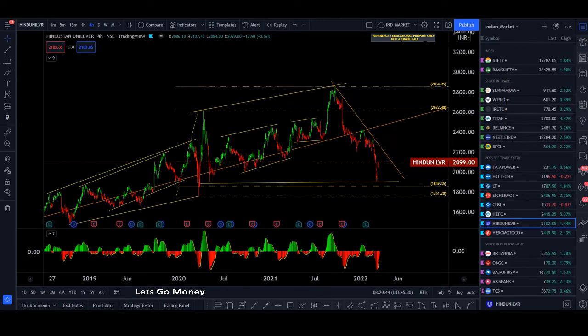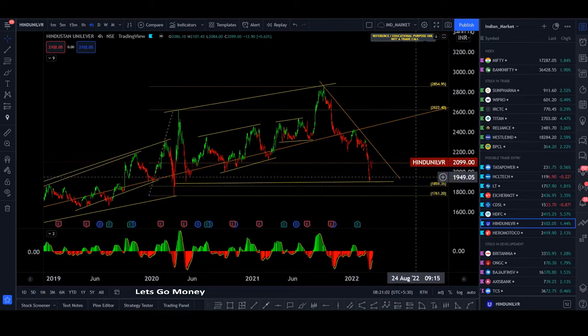So this is quite a tricky pattern, but if we get a proper setup, we will enter, even if it goes up, or even for a smaller trend before it comes down. So let's see, depending on the trade setup and risk to reward ratio, we will try to find the setup.